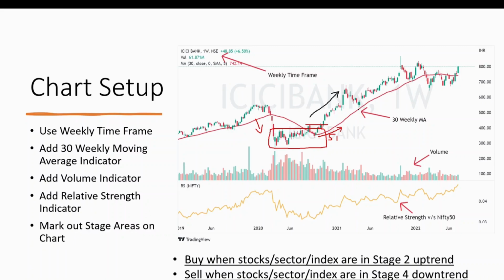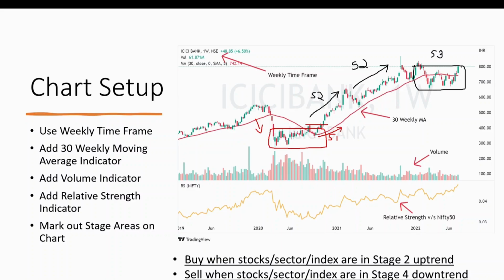Then there is a pullback, but the 30 weekly line is still sloping upwards and the price continues to move up. So stage 2 continues. And then eventually as the 30 weekly moving average line flattens out, price also flattens out and it forms a new area of balance at the top after stage 2, and this can be marked as stage 3.